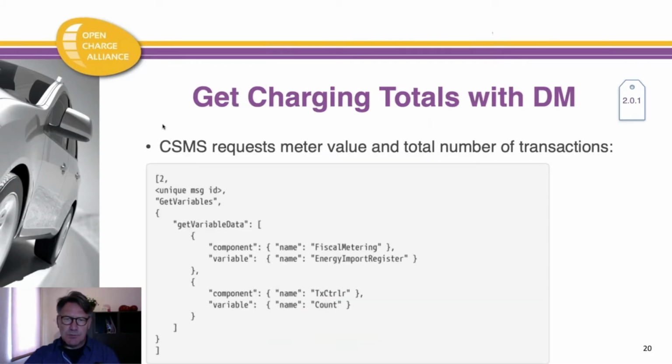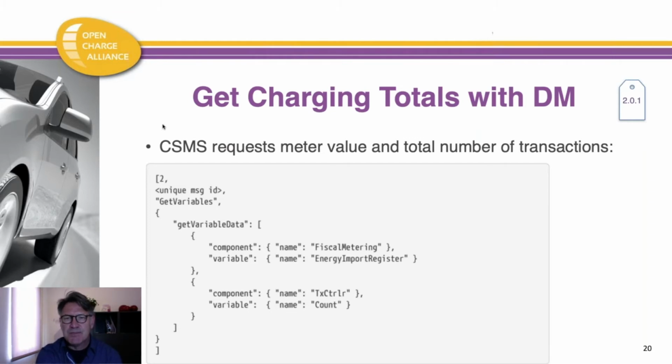So let me show an example of how you can use the device model for the example that we had for 1.6, where we wanted to request the main meter value and the total number of transactions from the charging station. We can also get this information via the device model, because we have the get variables command where we get the value of variables in the device model.